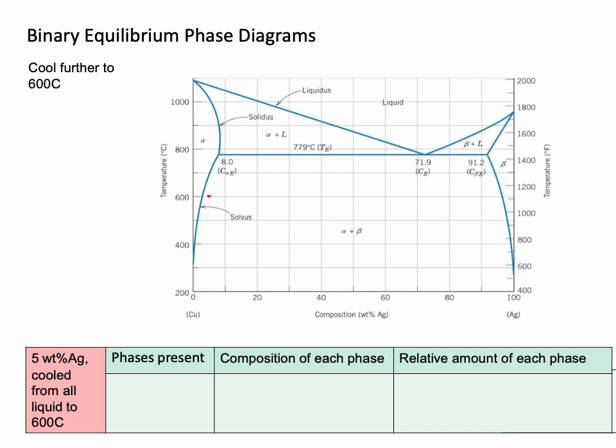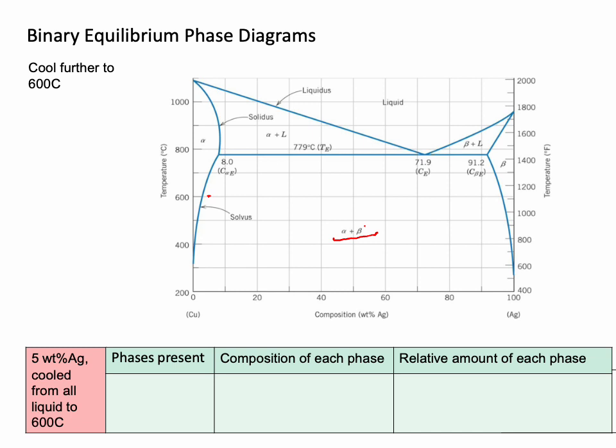I'm in the two-phase region. So once it's cooled to 600 degrees, as it crossed this line, which we call the solvus, between a single phase of solid and two phases of solids, the alpha that was present could no longer hold as much silver in it. And so beta, which is high in silver, started to precipitate at the alpha grain boundaries.